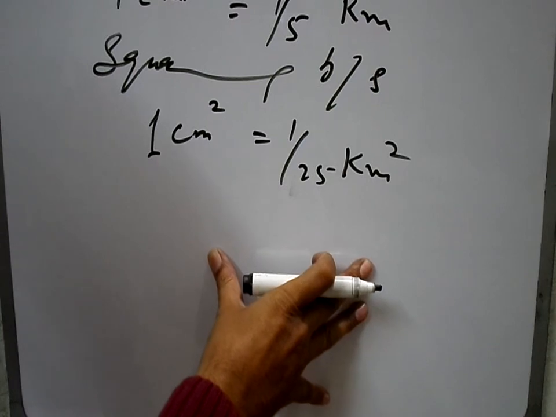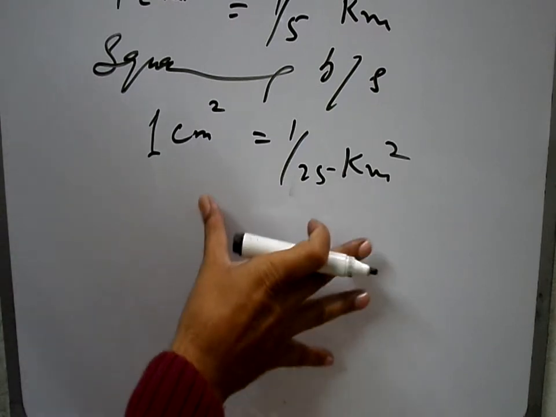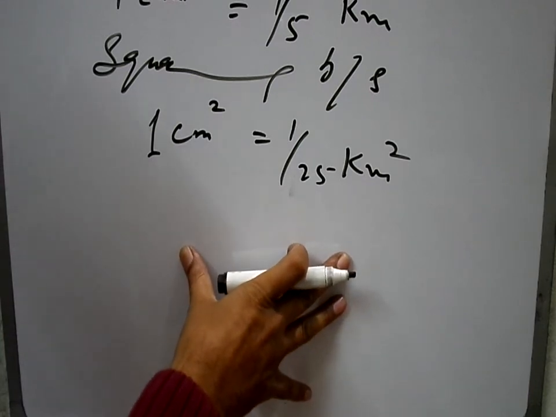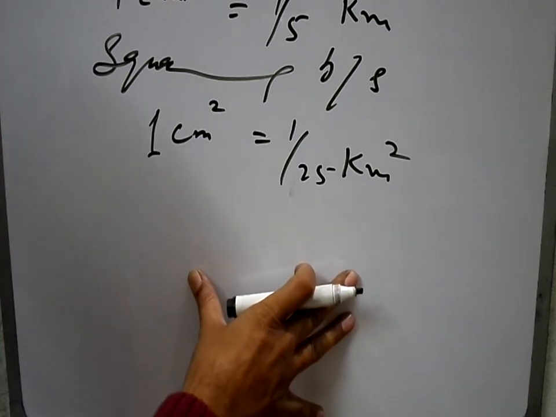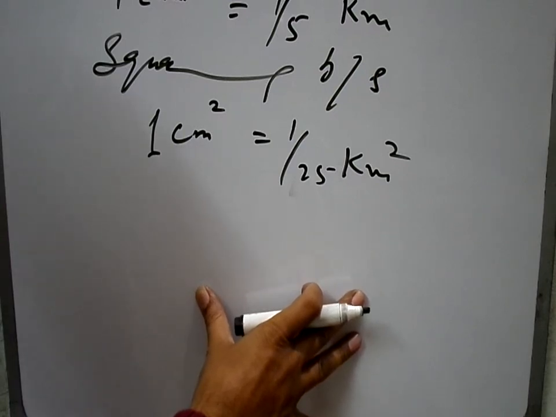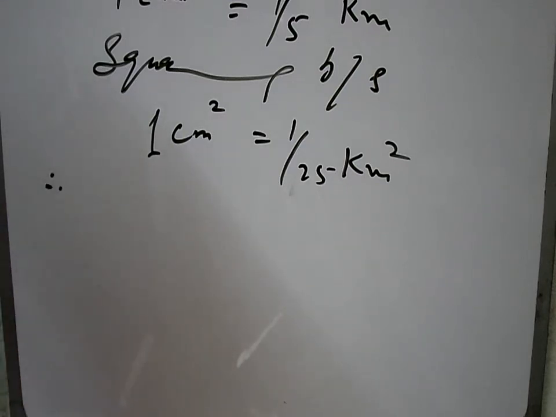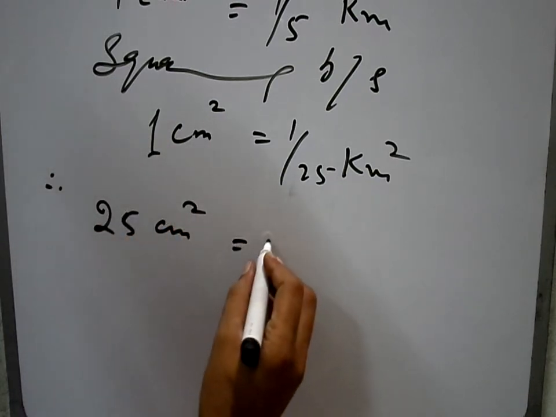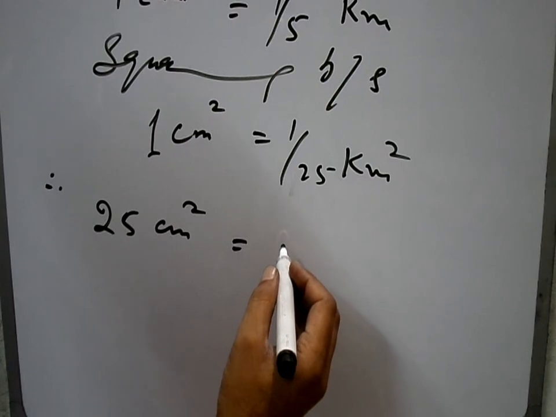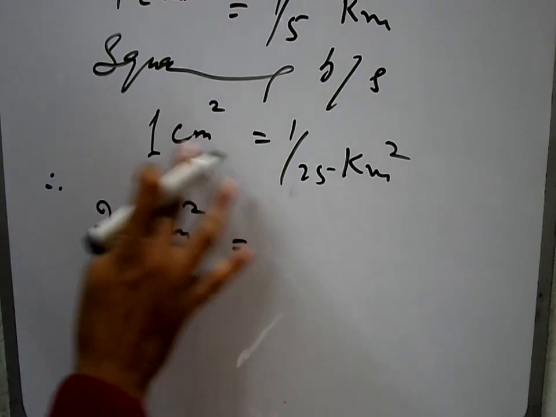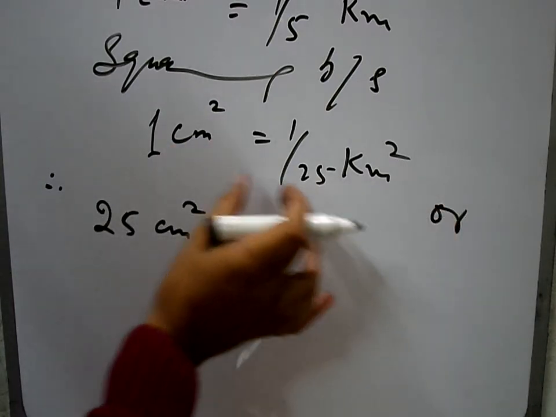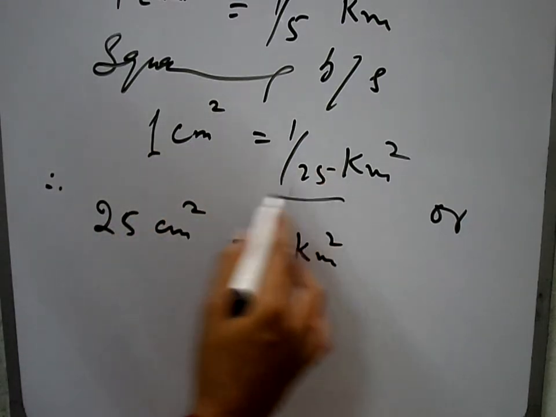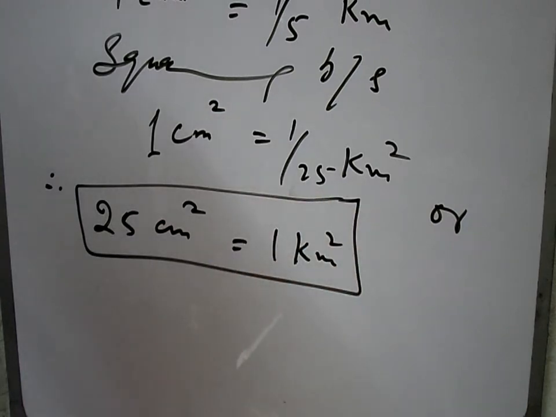So you need 124 kilometers, so multiply it simply with this. Therefore 25 centimeter square is equal to 1 kilometer square, by using cross multiplication, so this is the deduced result.